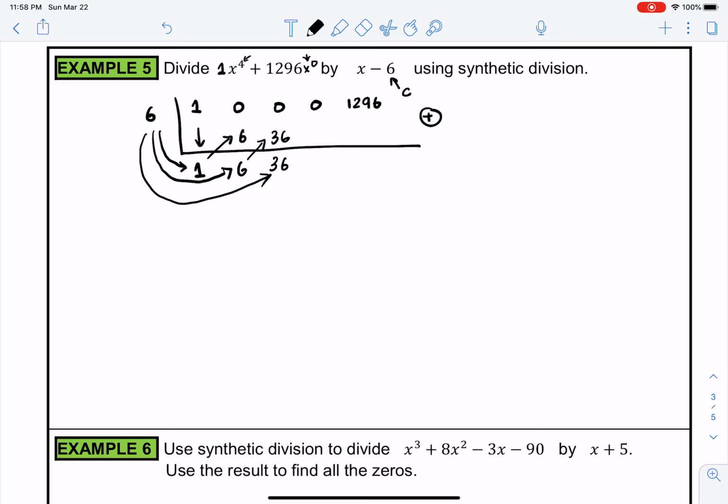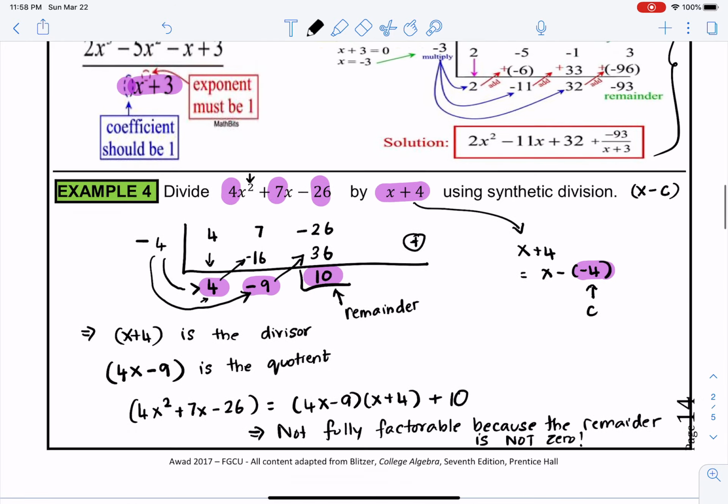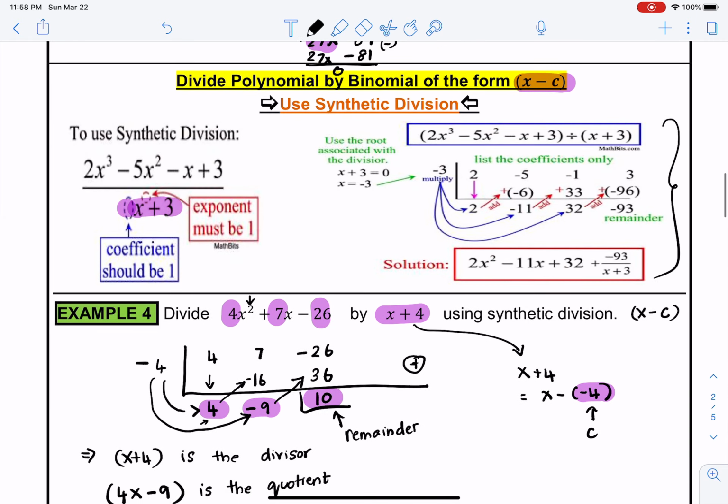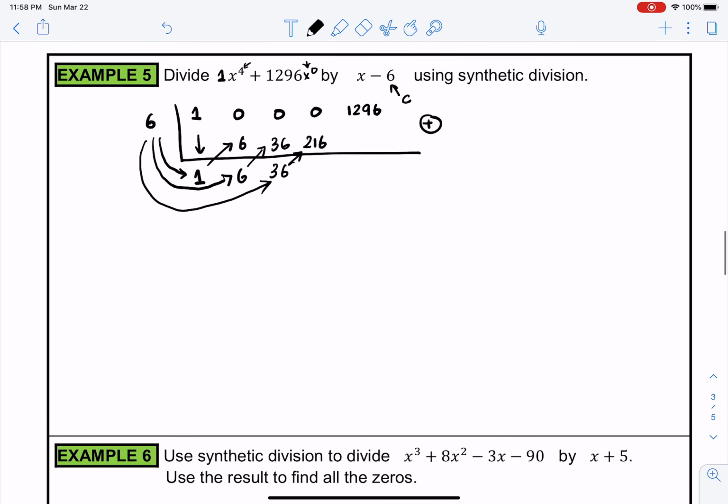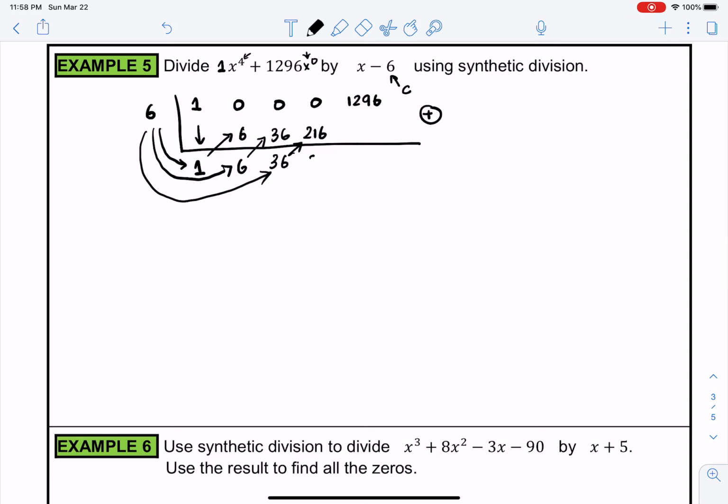And six times 36 is 216. So we put it over there. 0 plus 216 is 216. And lastly, we multiply 6 by 216.